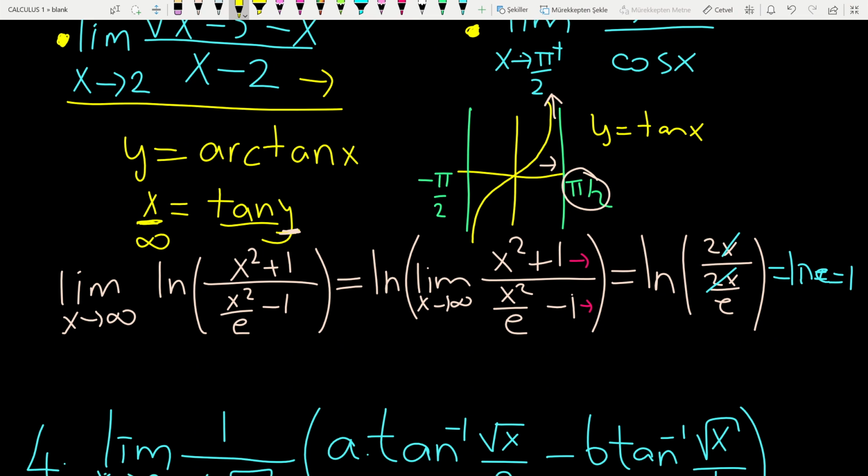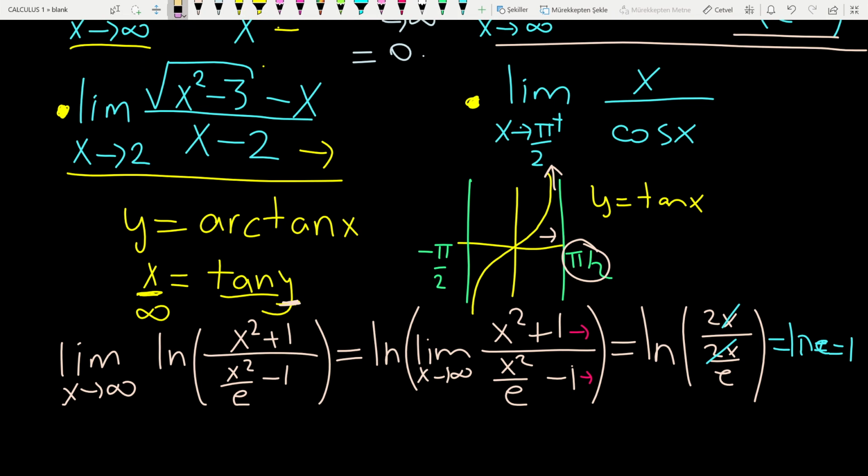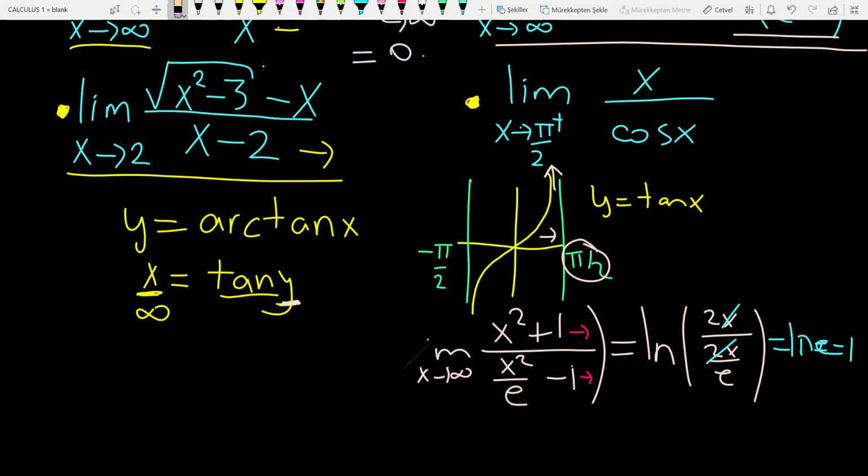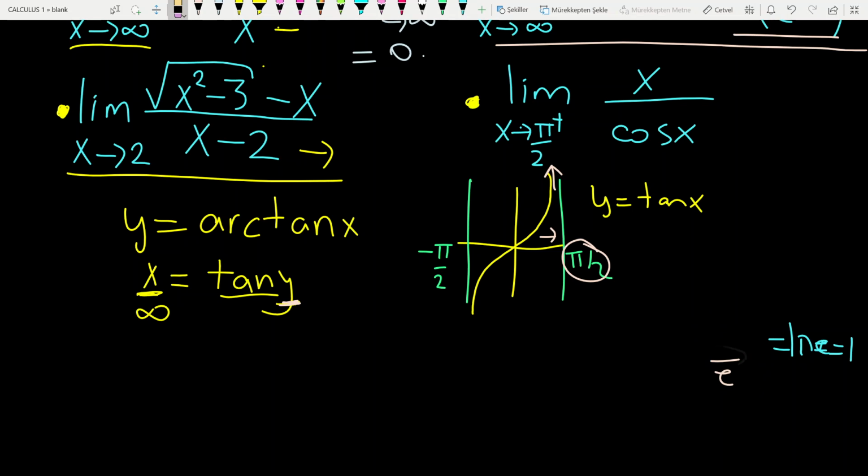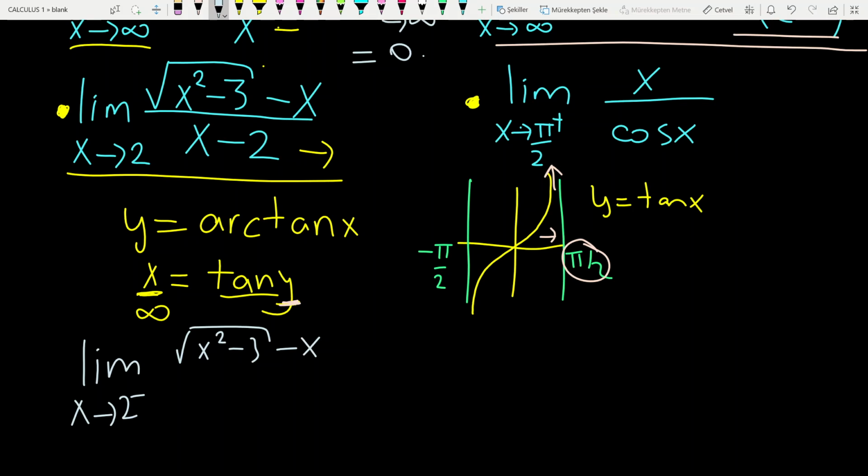Okay? But let me solve this question approaching the point 2 from left and from right. And you will see when we approach from right and left, we have two different expressions. Limit when x tends to 2 from left, square root of x squared minus 3 minus x, divided by x minus 2. Okay.